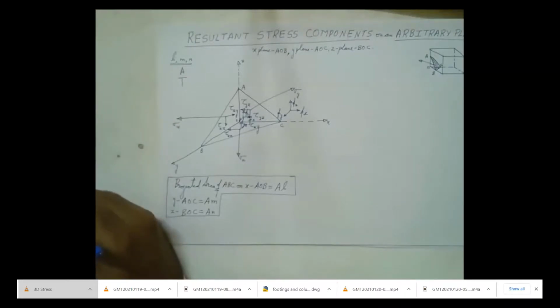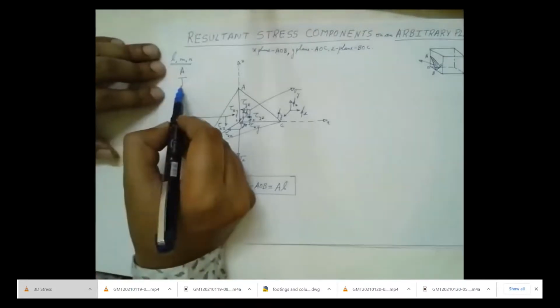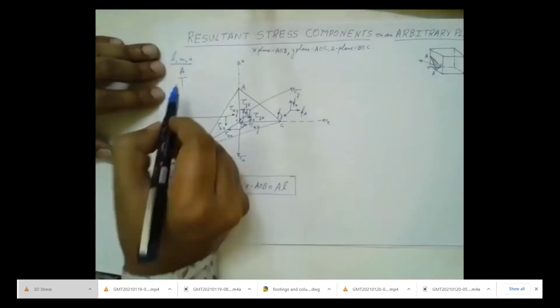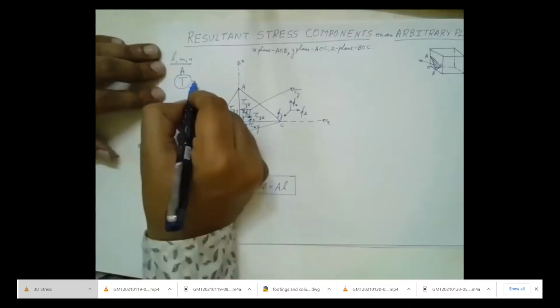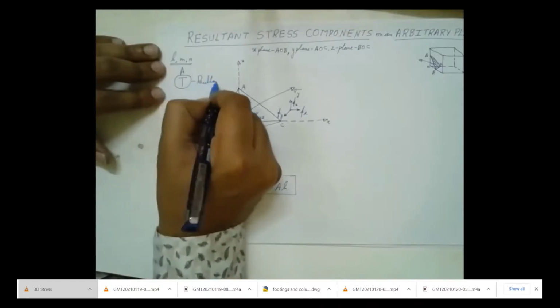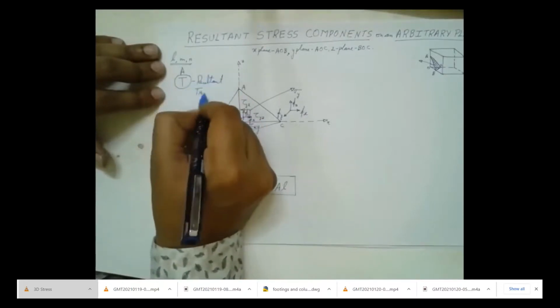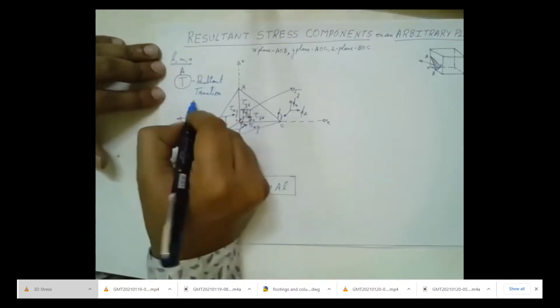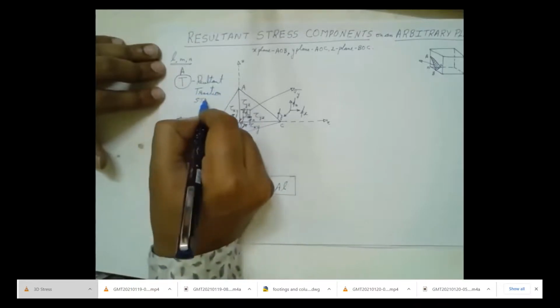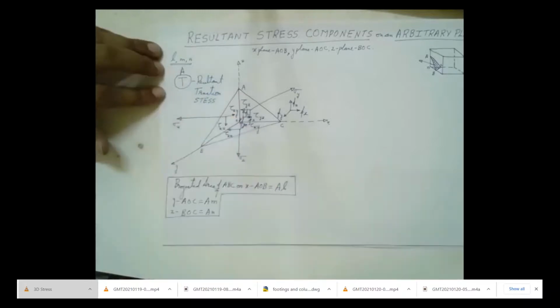Now, because of this T acting on the plane ABC, T is a resultant traction, or simply resultant stress.